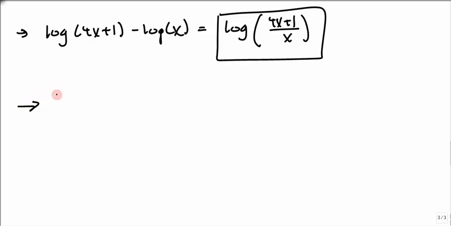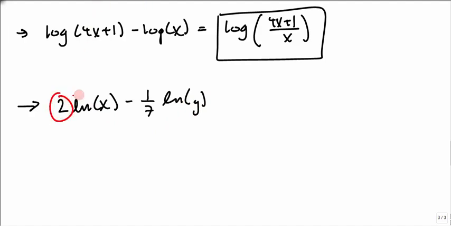Let's look at another one. Let's look at 2 ln of x. And again, a lot of your problems you won't see parentheses around the arguments of the functions. I just think it's a good idea to clarify what is the argument of the log. So just like we could pop the 2 out front, I can pop it back up top. Same with the 1/7.